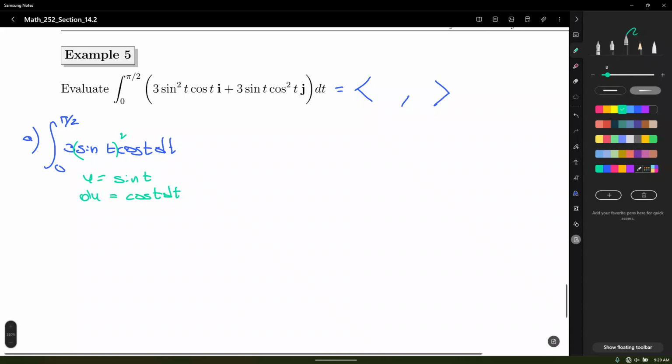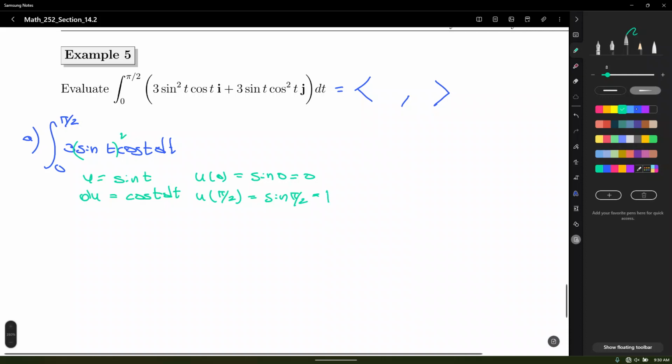That x was back in Calc 1 or 2. So if we are setting a u for the expressions, technically we need to express the limits in the corresponding world of u. That is, evaluate u at the lower limit, evaluate u at the upper limit. That is, sine 0, which is 0, sine of pi over 2, that equals 1.